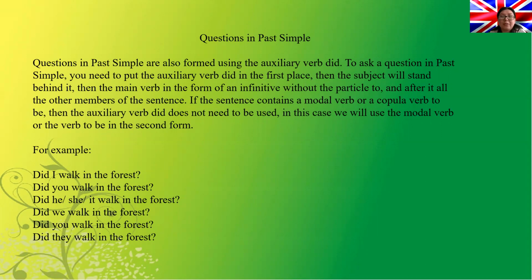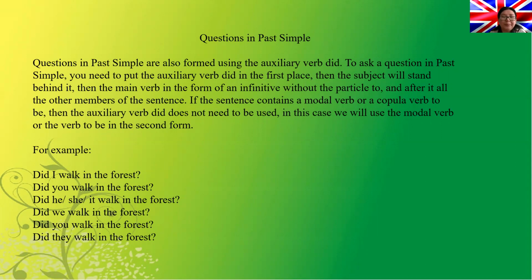If the sentence contains a modal verb or the verb to be, then the auxiliary verb does not need to be used. In this case, we will use a modal verb or the verb to be in the second form.